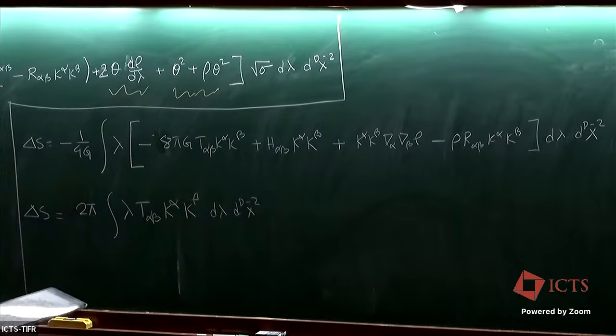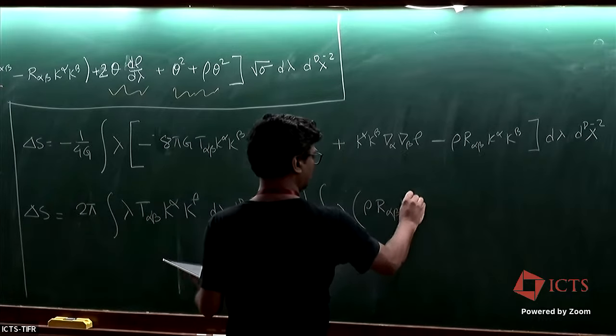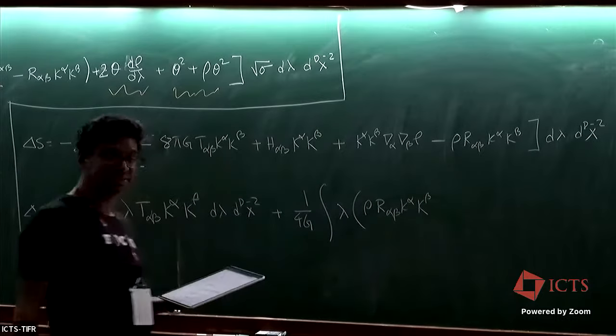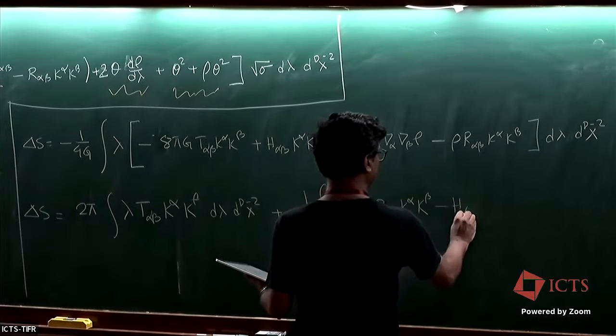Then I have a few more terms: plus 1 by 4G integral lambda rho R alpha beta K alpha K beta, which remains as it is. Then minus H alpha beta K alpha K beta, then minus d2 rho d lambda 2, I write it in this way, d lambda. Agreed? Everybody is in agreement? Now let's look at the GR case.